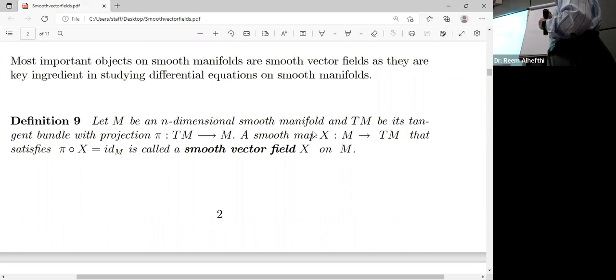Say here is X_p, which will be some point in the tangent bundle. Pi should send it back to p.